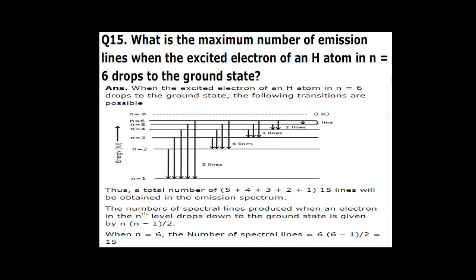In the Brackett series, 2 lines. In the Pfund series, 1 line only, because the 6th orbit electron will jump to the 5th orbit, then you will get only 1 line. So if you sum up all this, you will get a total of 15 lines. This is a verification. Otherwise you can use that formula itself, n into n minus 1 over 2.